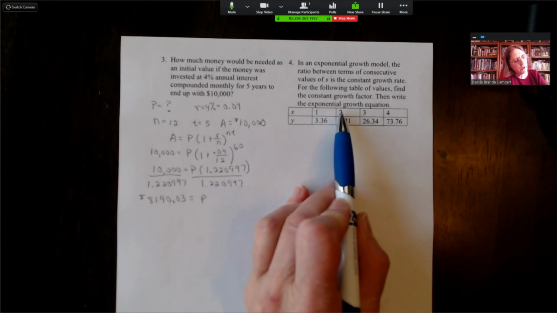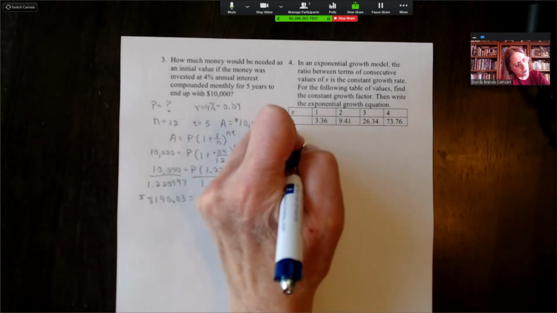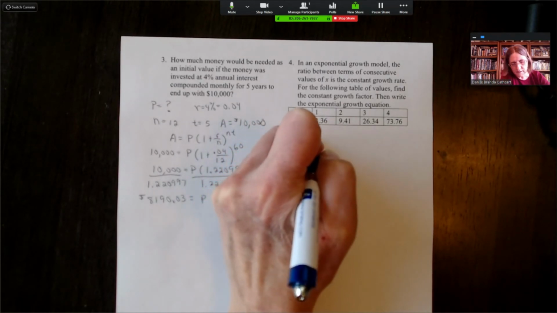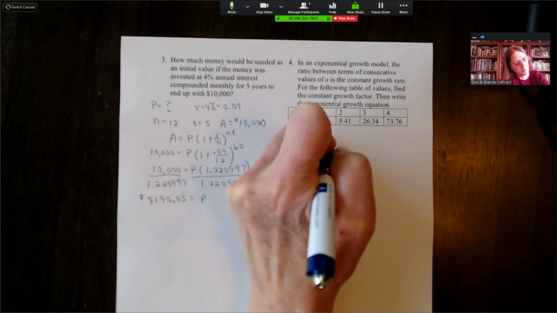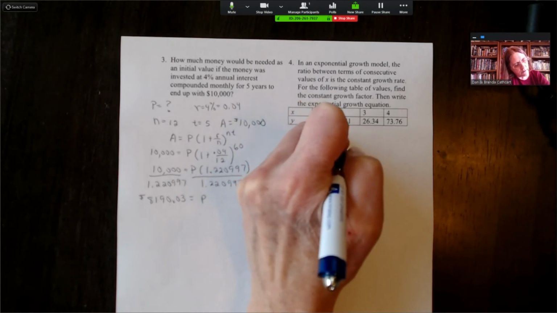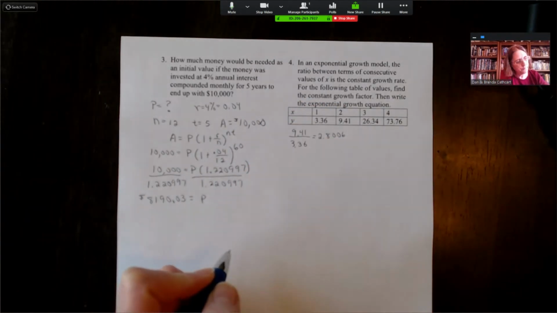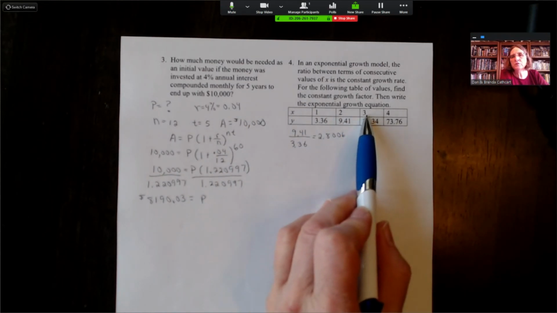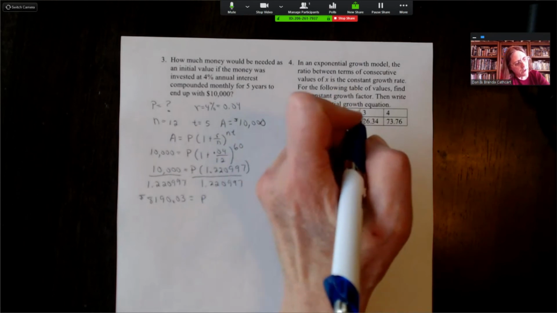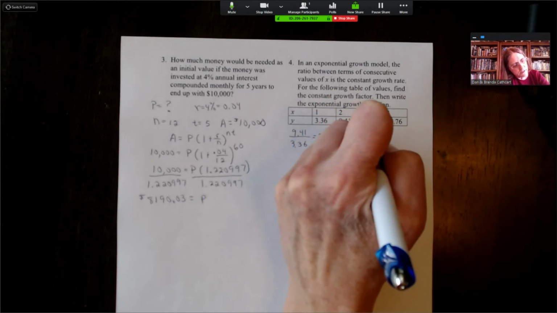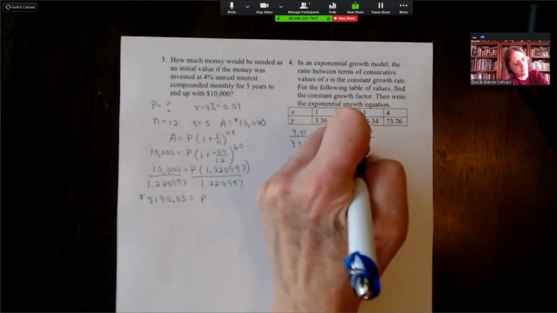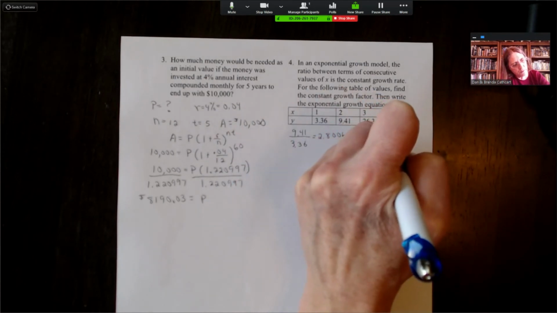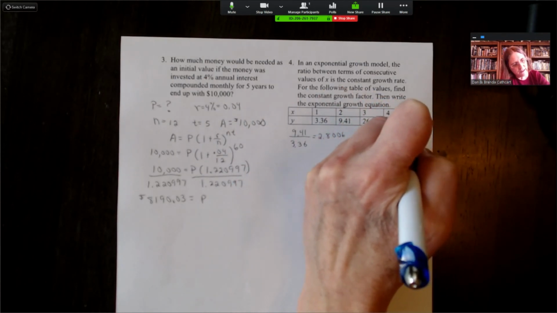Between x's 1 and 2, we would have the ratio of 9.41 divided by 3.36, which comes out 2.80. Between the values of x equals 2 and x equals 3, we have the ratio 26.34 divided by 9.41. And that gives us 2.7991.